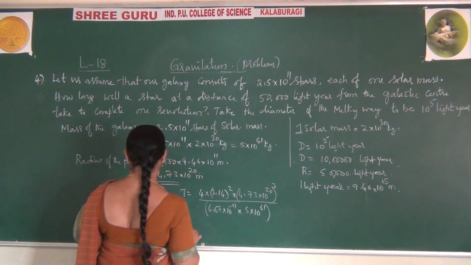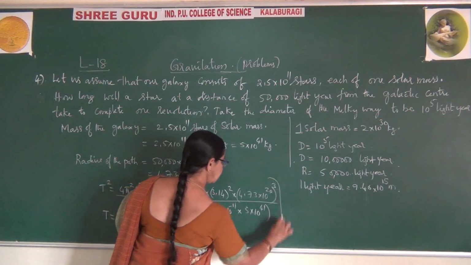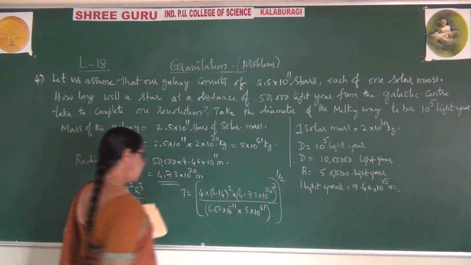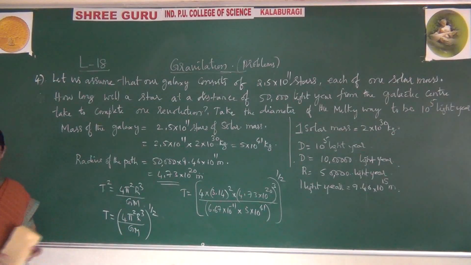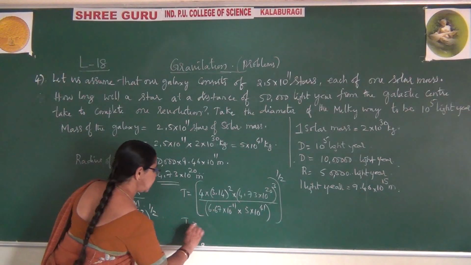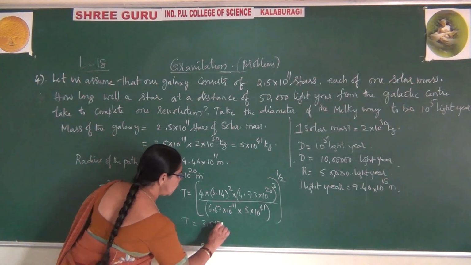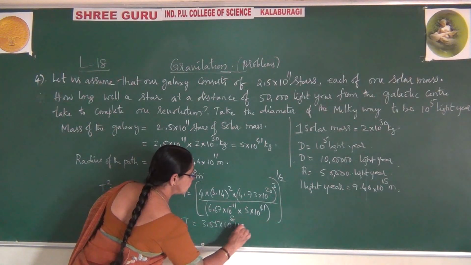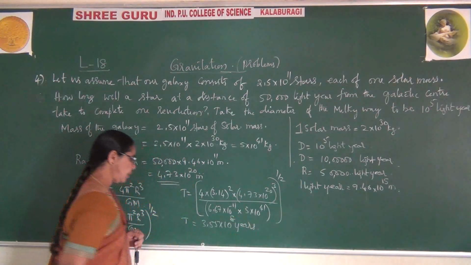All this to the power of half. So very big number. By using your calculator you can calculate. That value is 3.55 into 10 raised to 8 years. T is equal to 3.55 into 10 raised to 8 years. This is what you get.